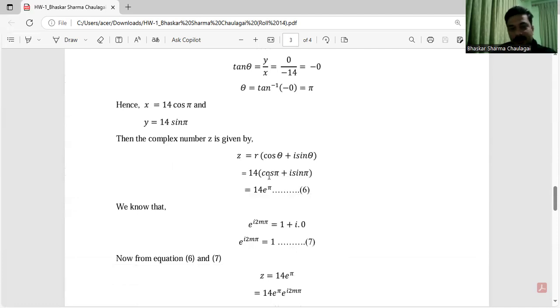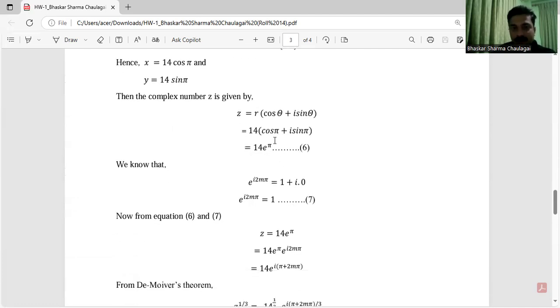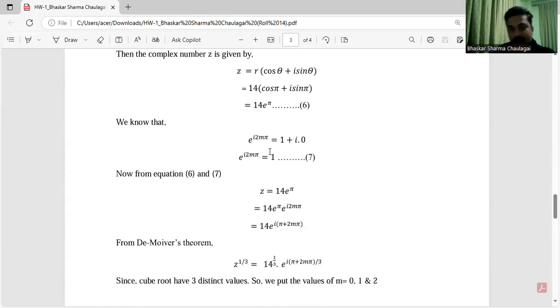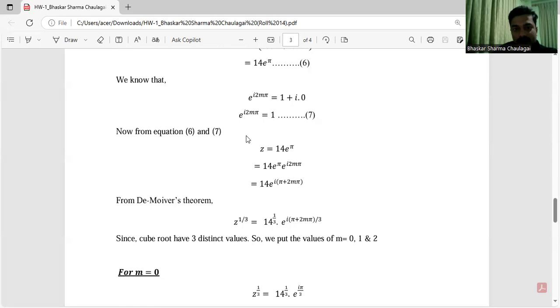So 14 times cos pi plus i sin pi. Again, we can rewrite this equation as 14 times e to the power i pi. Now we know that e to the power i 2m pi is equal to 1, and with the help of this value we can also write z equal to 14 times e to the power i pi.